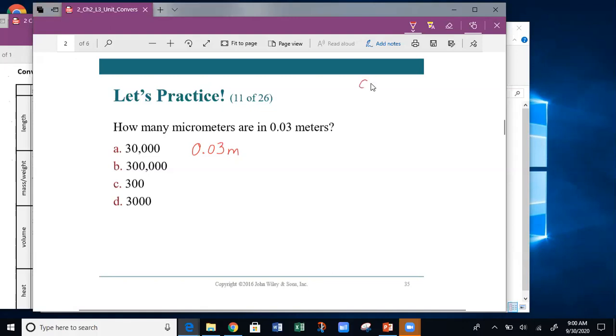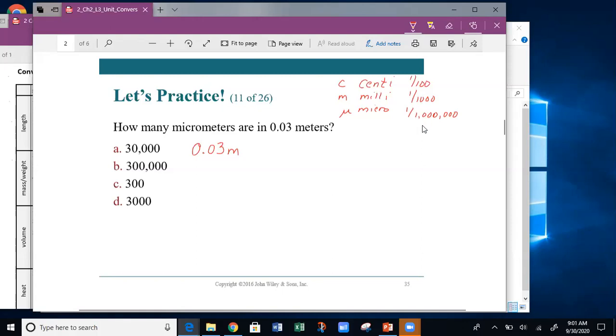I learned that centi meant 1/100th, and milli means 1/1000th, and micro meant 1/1,000,000th, which means 1,000,000 times smaller. The prefix for centi is C, for milli is M. Micro has that weird Greek symbol, mu is what it's called.